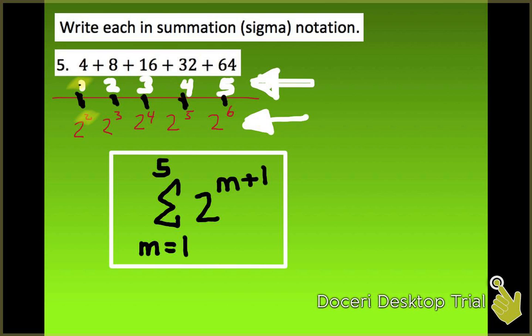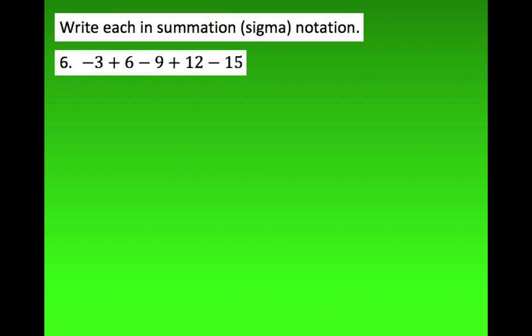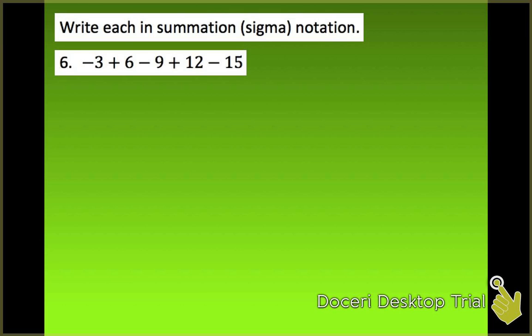Last example, by far the trickiest one of all. So I'm actually going to start out, I'm going to do 1, 2, 3, 4, and 5. And the very first thing I'm going to point out is that this is negative, positive, negative, positive, negative, and it would go positive, negative, and so forth.